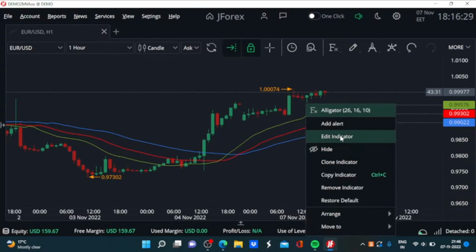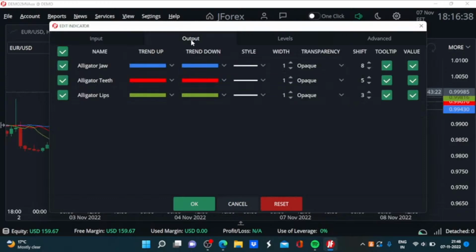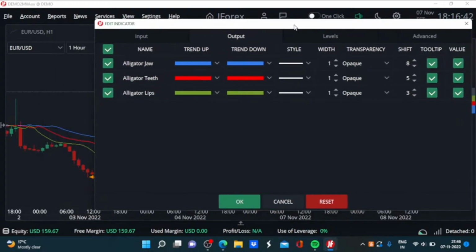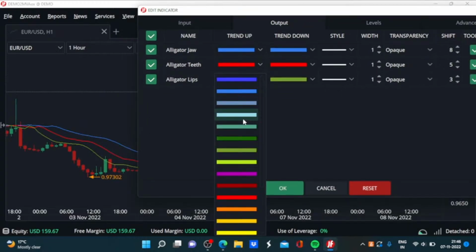All right, so I am now again going to restore it back to the default combination of 13, 8 and 5. Now coming to the output, we can keep the color combination the same way, or you can change it. I think this combination also looks quite well. If you feel like, you can always make changes.